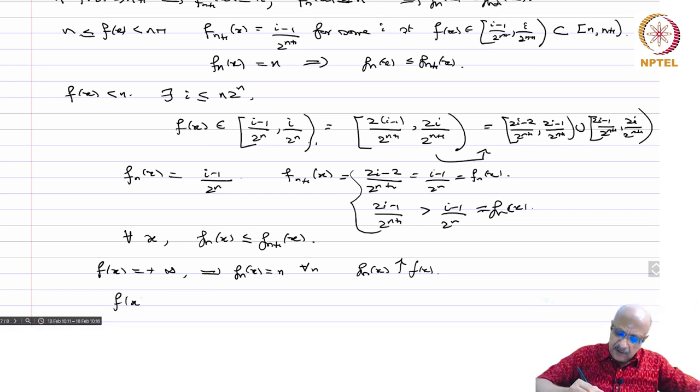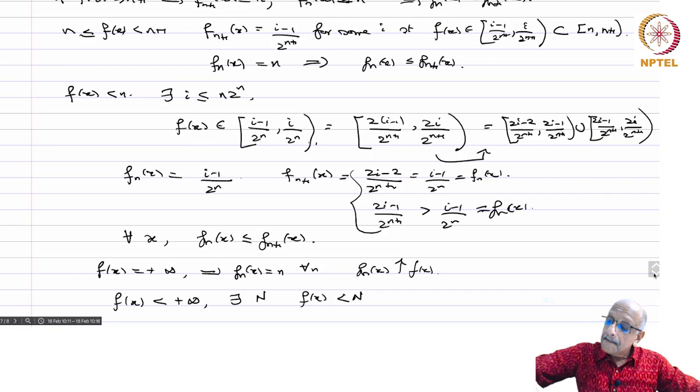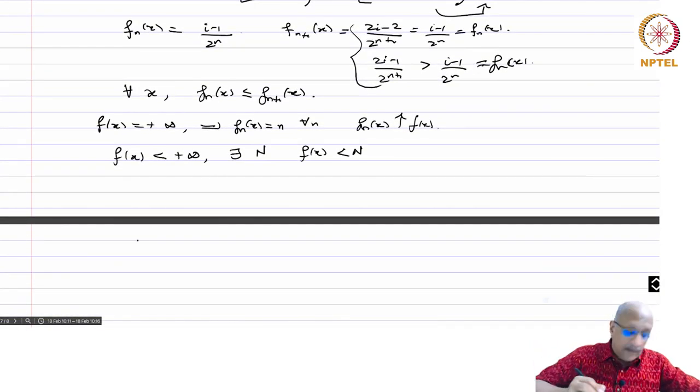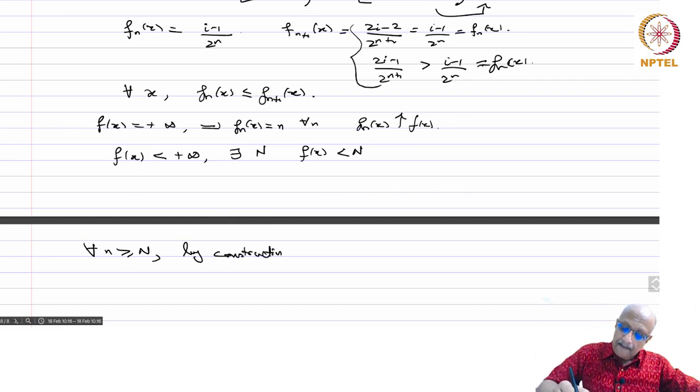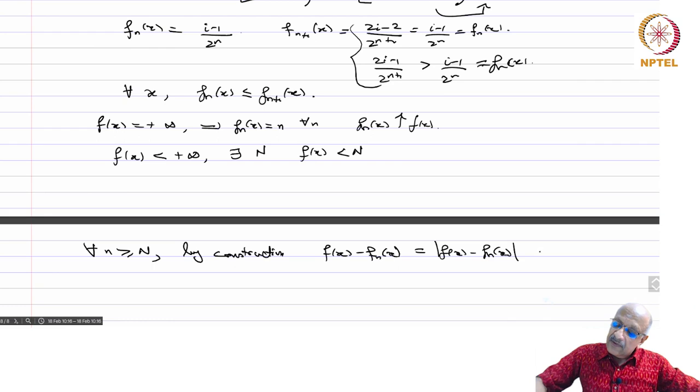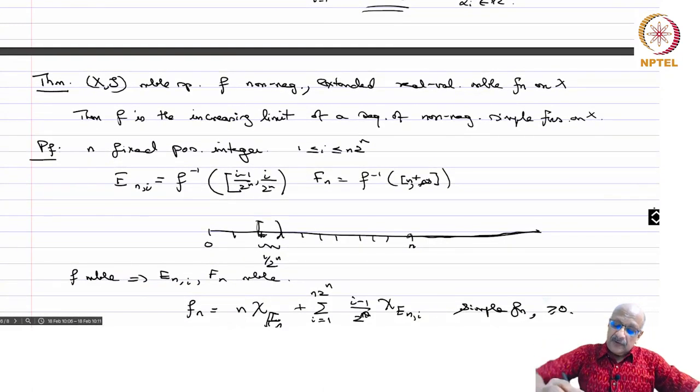If f(x) is strictly less than plus infinity, there exists a positive integer N such that f(x) is strictly less than N. Then for all n greater than or equal to N, by construction, you have that f(x) minus f_n(x), which is the same as the modulus because this is non-negative, is less than 1/2^n, because you see, it's in this interval.